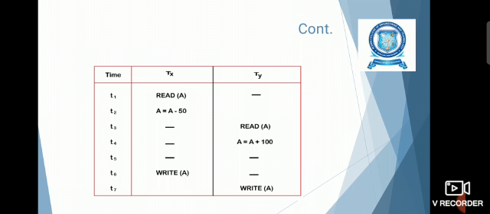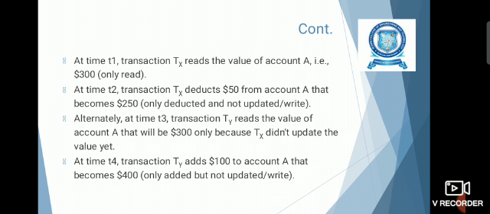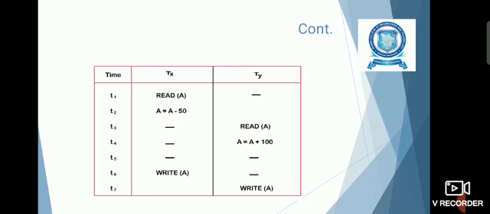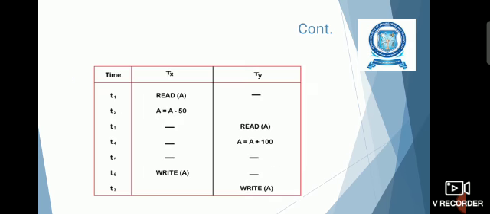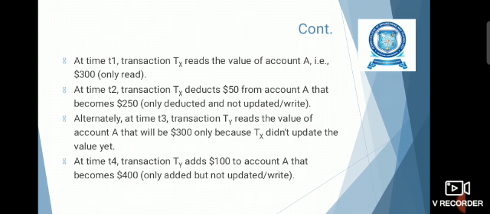At time T1, the transaction Tx reads the value of the account. We assume the initial balance of account A is 300. So at time T1, Tx is reading A. At time T2, transaction Tx reduces the amount 50 from account A, but it is only deducted, not updated.